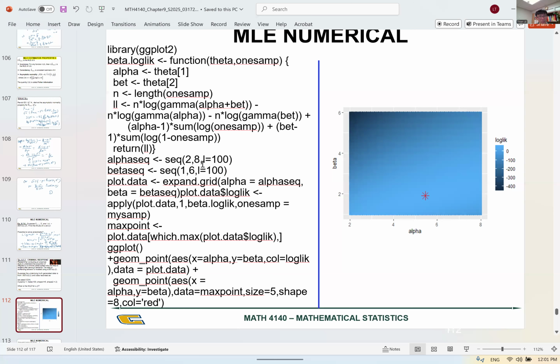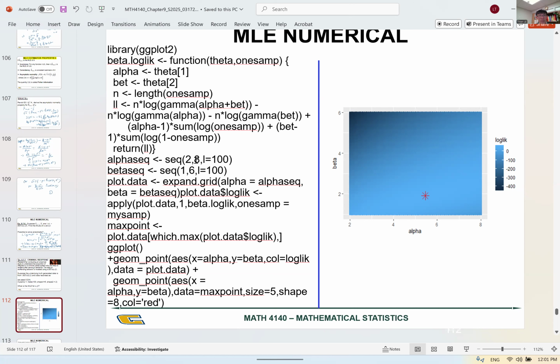And beta from 1 to 6 with 100 numbers in total in the middle. And from that, you can find the log likelihood function for each corresponding value of alpha and beta.